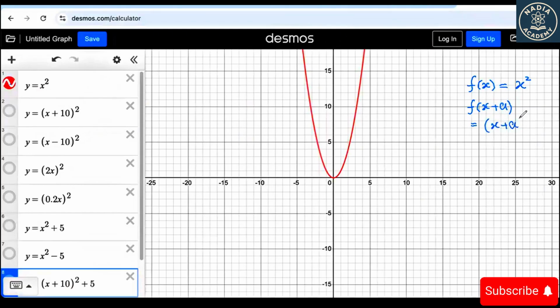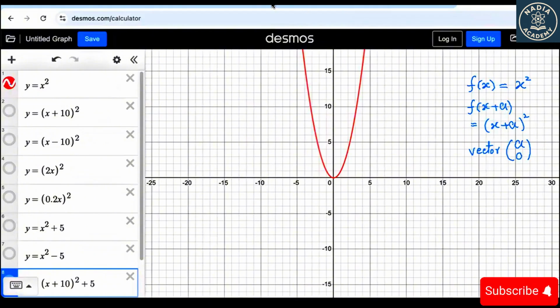So our new function will be (x plus a) squared. Now this one has undergone a transformation along a vector, and you can see that it is along the x-axis and we are not changing the y-axis. So the transformation will be along (a, 0).